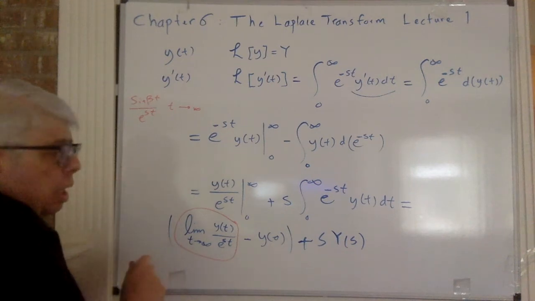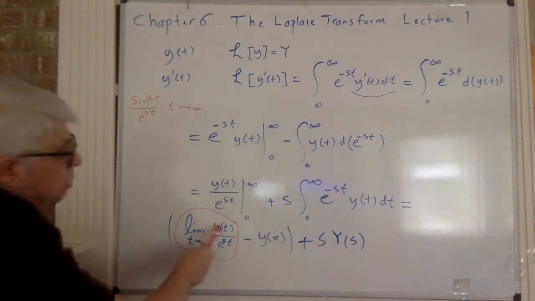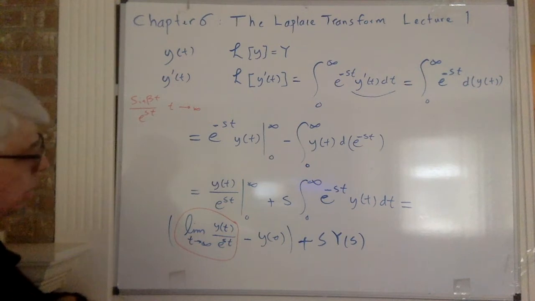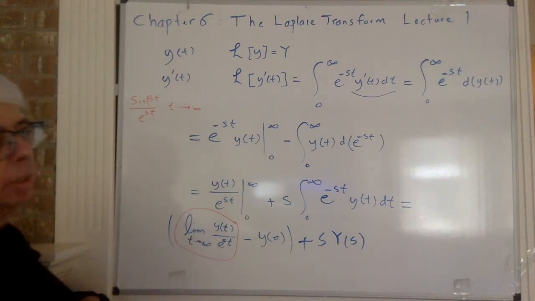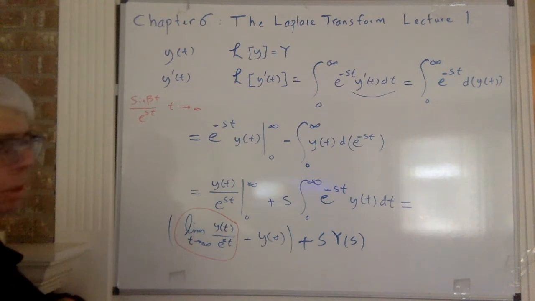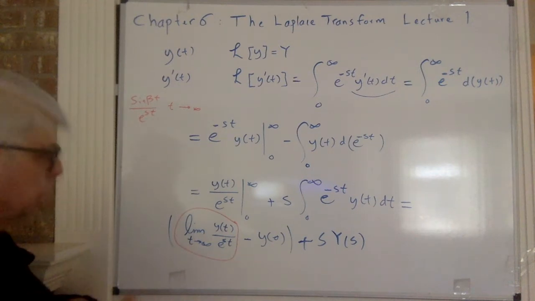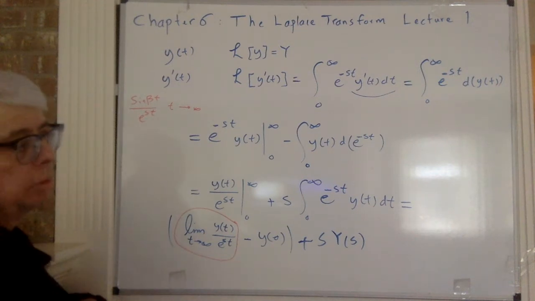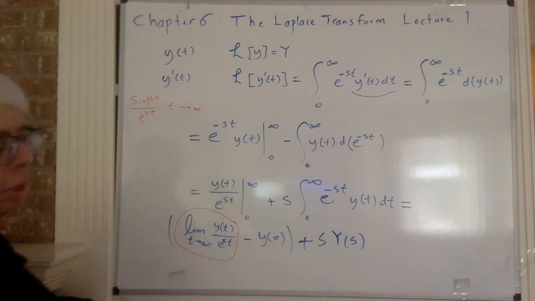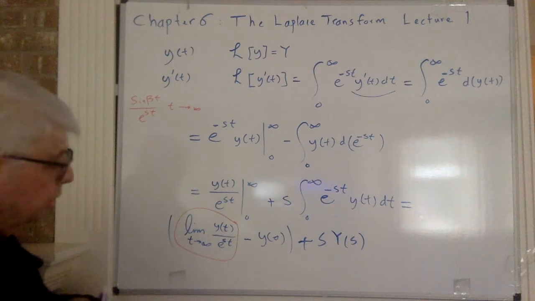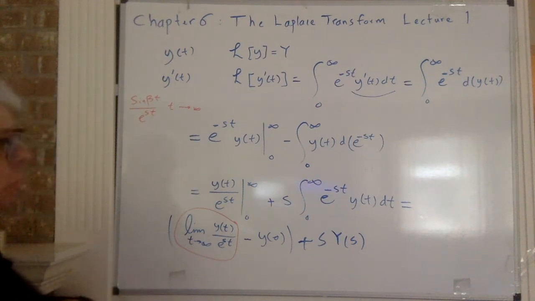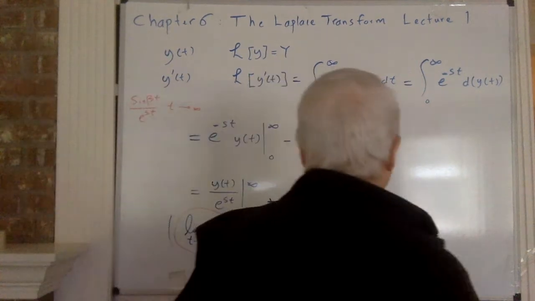How about this? So if this combination goes to 0, then the Laplace transform really works well. So this really applies to functions that have this property, that y(t) over e^st in fact goes to 0. And that is in fact a theorem in your book that says the Laplace transform really applies to not just any function. If this is not 0, then things are not so nice.